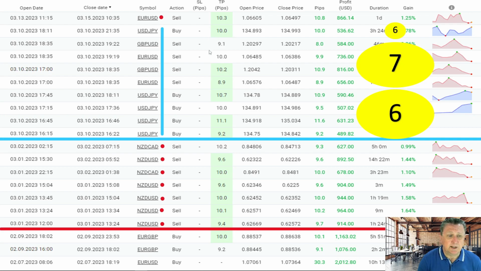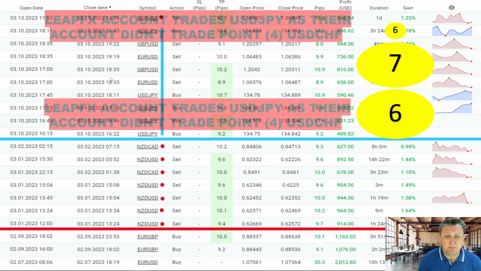So what we are looking at here is number 6 and 7. Number 6 is all the USD Japanese trades that have been set, 5 in total, so 4 down here and 1 up top here. And then we have number 7, which covers the British pounds USD and Euro USD, and actually in here 2 times.